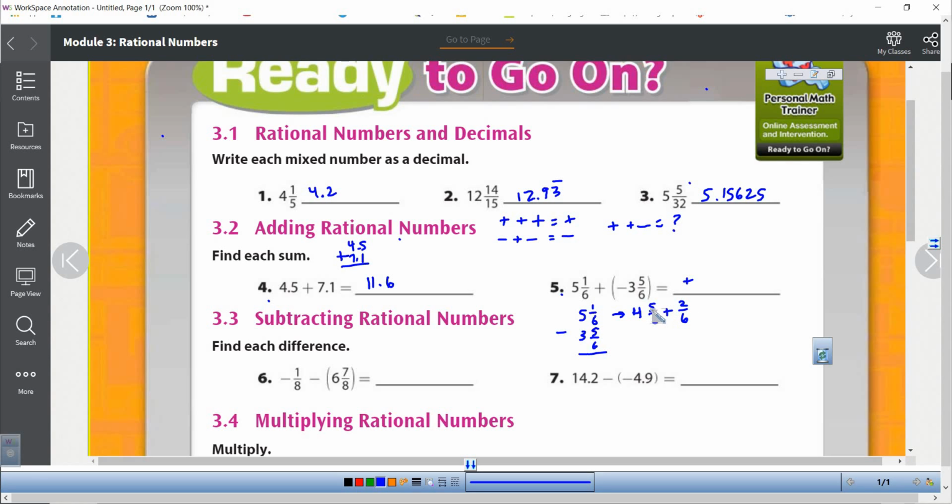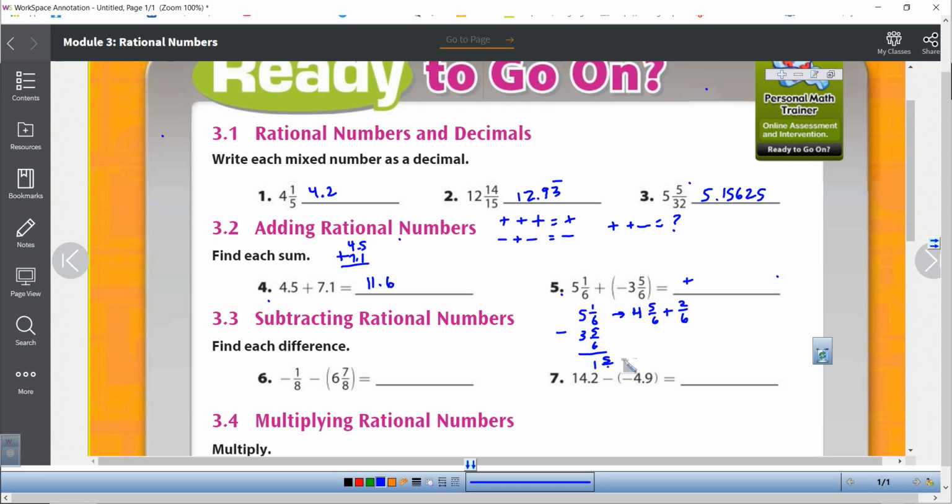Do you guys see that 5 plus 2 is 7? So this would be 4 and 7/6, but 4 and 7/6 is just the same as 5 and 1/6. So if you did it that way, then you would go 4 and 5/6 minus 3 and 5/6.